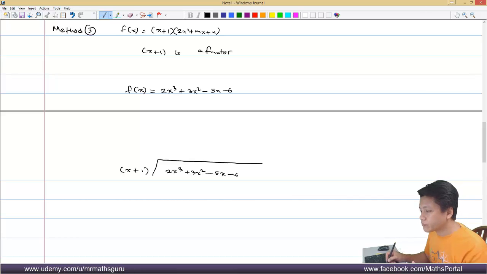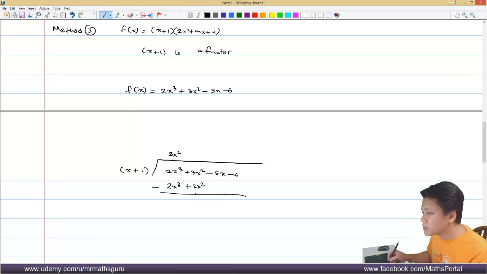The first one. What multiplies x to become 2x cubed? Yes, 2x squared. So then we multiply x plus 1 by 2x squared to become 2x cubed plus 2x squared, minus, so it becomes 0. This becomes x squared minus 5x minus 6. Because this is 0, we just maintain it.